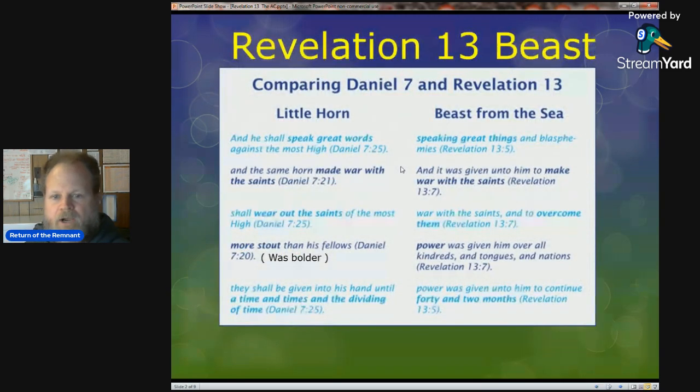So if we want to compare Daniel 7 and Revelation 13, the little horn that Daniel saw is that beast from the sea that John saw in Revelation 13. In Daniel, it says, and he, the Antichrist, which is the little horn, shall speak great words against the Most High. It's the same thing that John saw with the beast from the sea. The Antichrist is going to speak great things and blasphemies.